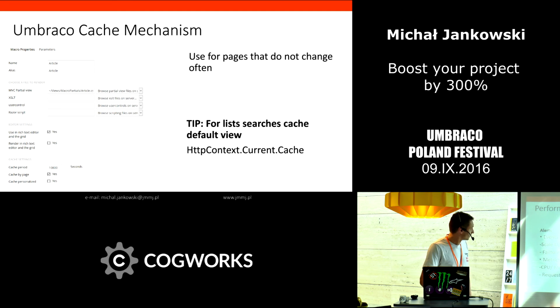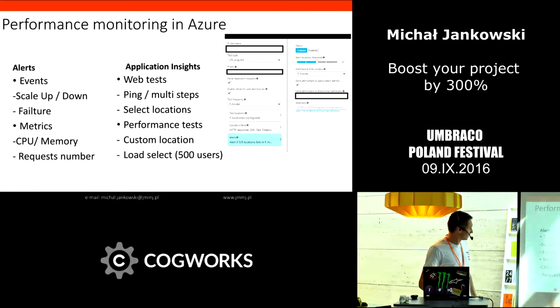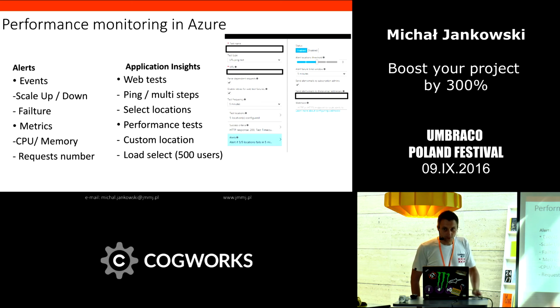And I think it's the last slide. Yeah, it's the last one. The most important thing when we do scaling is to get alerted when something goes down, because we have no IT guys, and our clients don't care. Azure has a good alert engine.